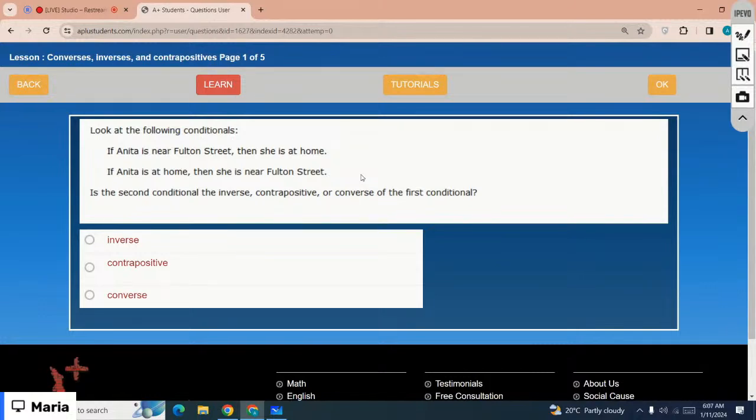Is the second conditional the inverse, converse, or contrapositive of the first conditional, which is the correct option? That is the converse of the first one, right? The correct option is converse.